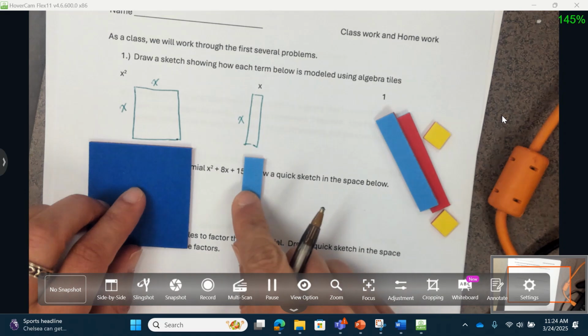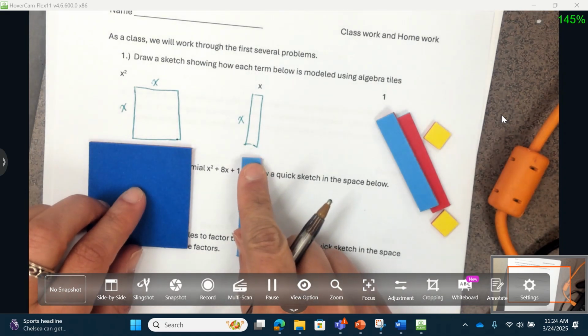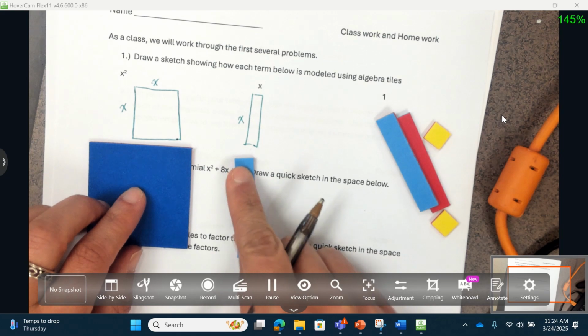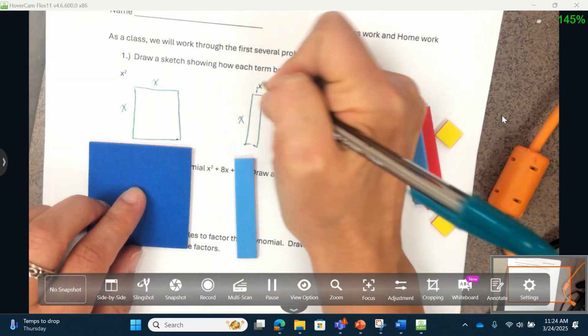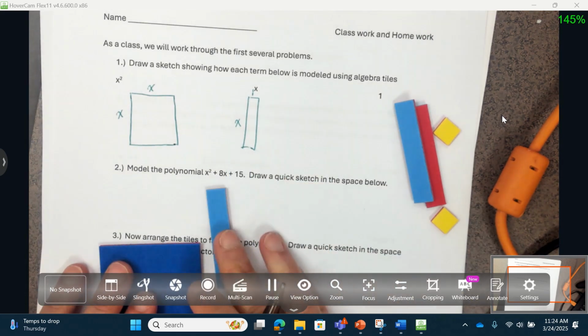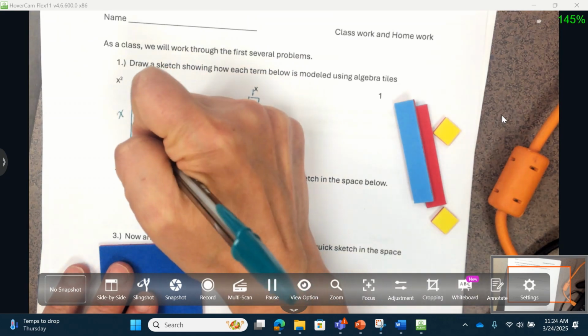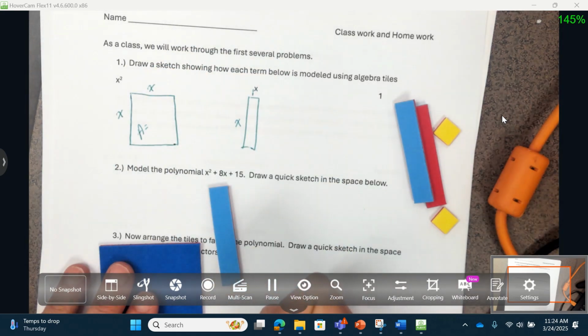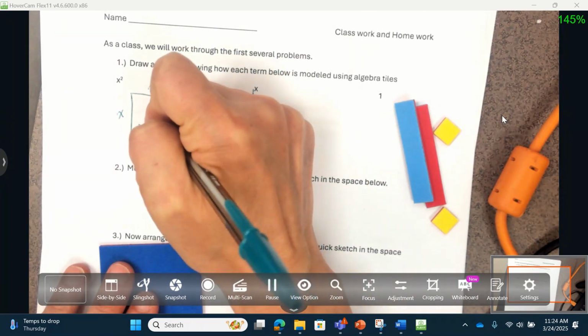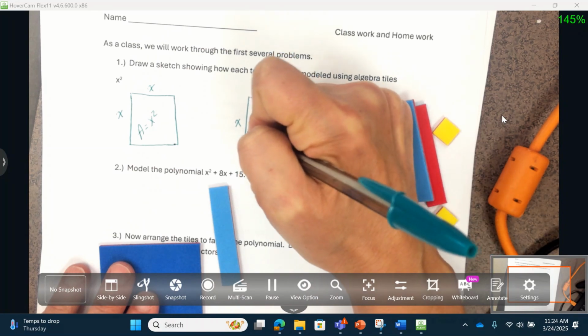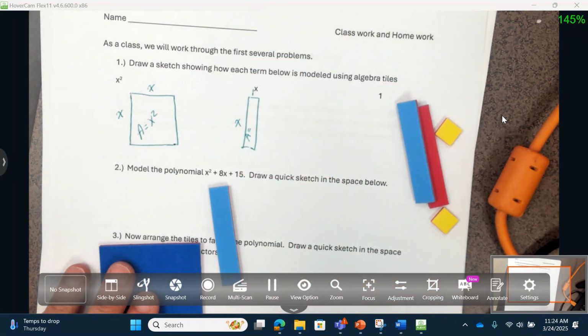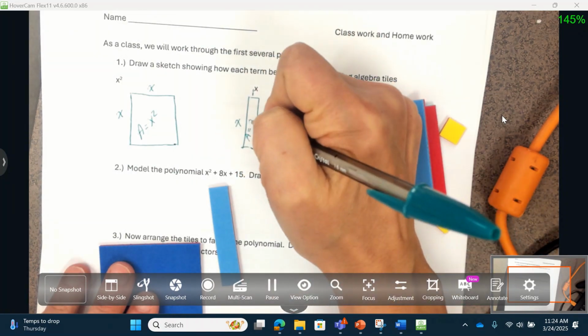Now that leaves us with, well, then what is the width? For the purposes of using the algebra tiles, the width of this rectangle is 1. So if we were looking at area, the area of that square is x times x, or x squared. The area of this rectangle would be x times 1, or just x.